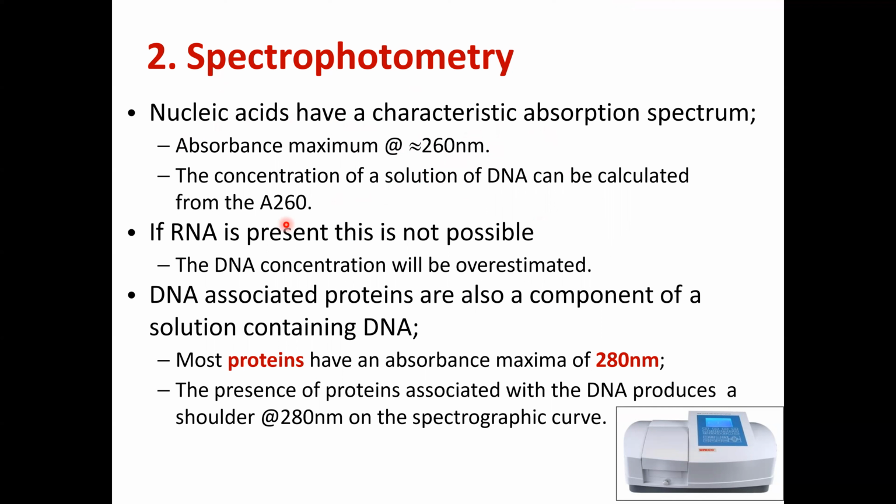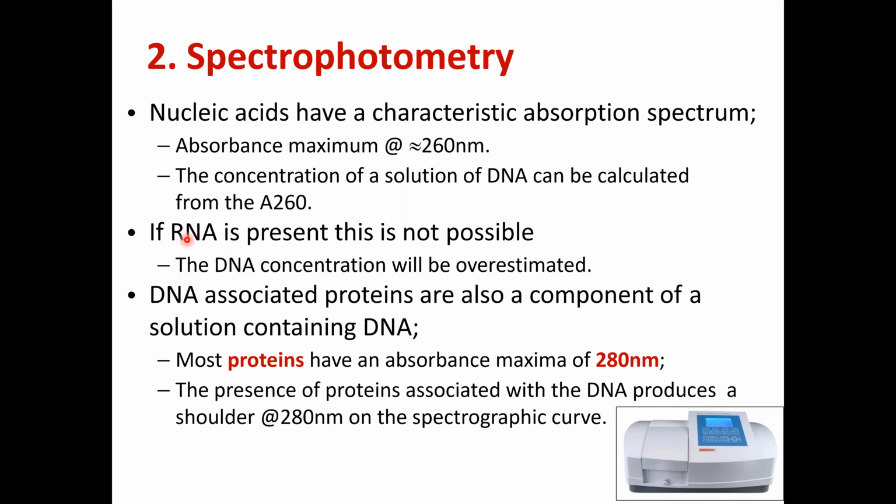The concentration of your DNA solution can be calculated from the absorbance at 260. Take note that if there is RNA in your sample, your DNA concentration will be overestimated.